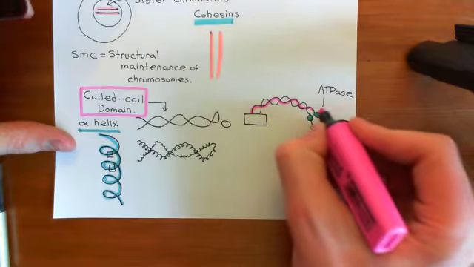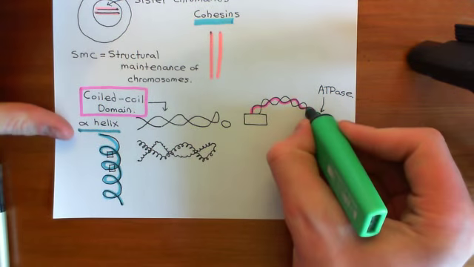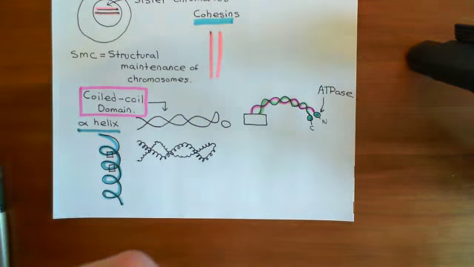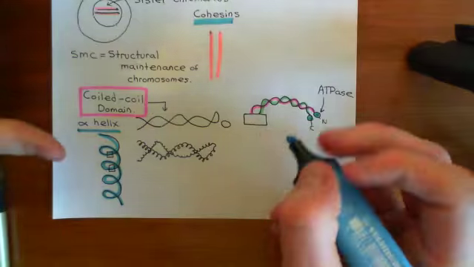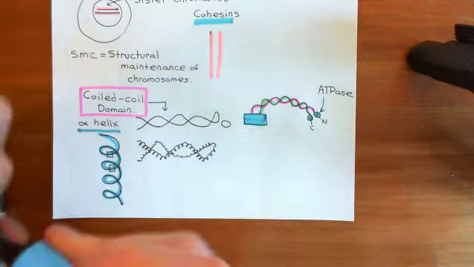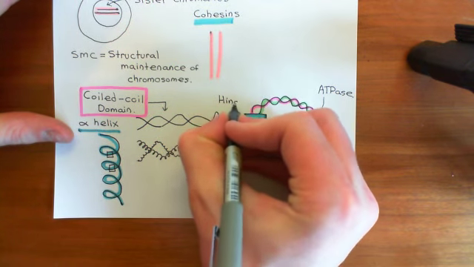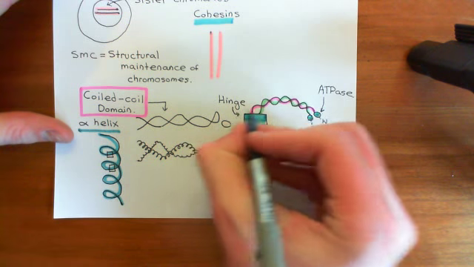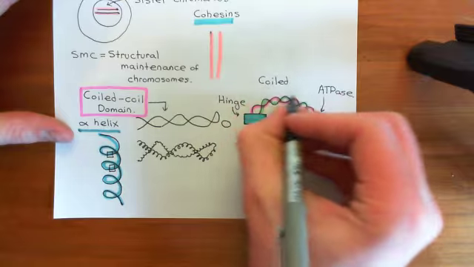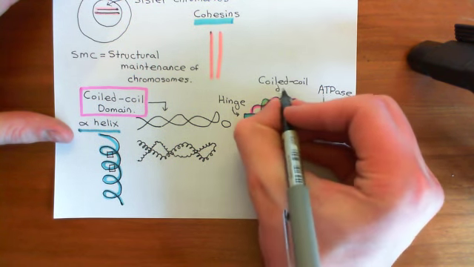Here's one in vivid purple there, and here's the second, which I'll colour in green here. Okay, and then connecting the two alpha helices, you then have this structure in the middle, which is blue, and this is known as the hinge region. Okay, so in blue here, this is the hinge, and then this is the coiled coil domain here, made up of these two coiling alpha helices. Okay, so coiled coil domain.